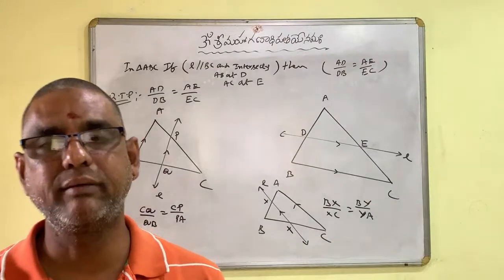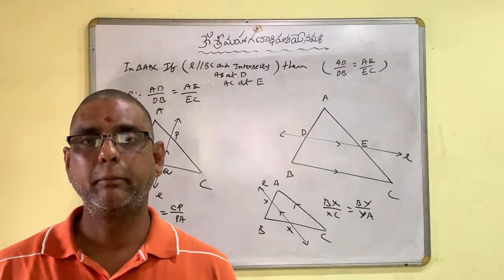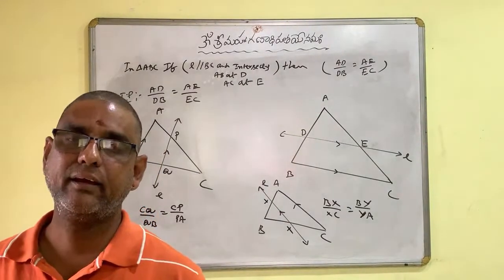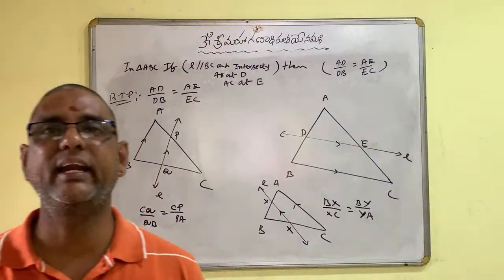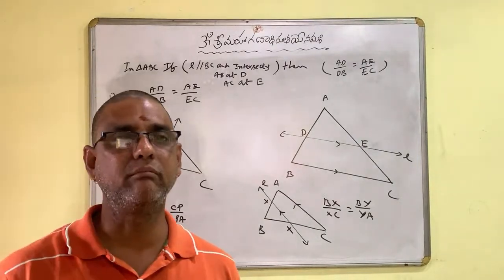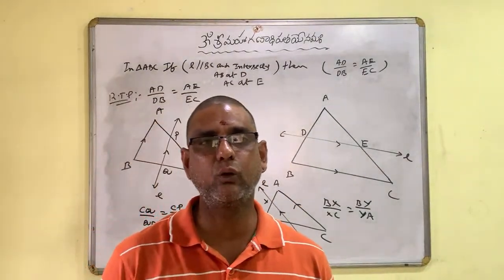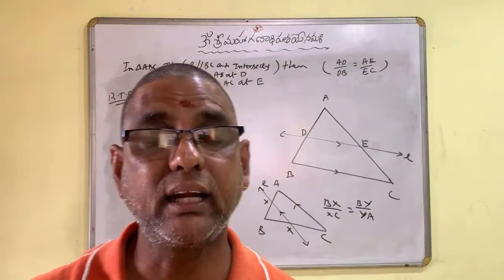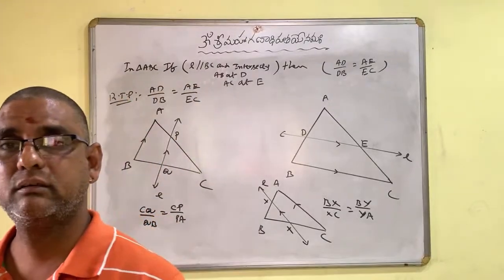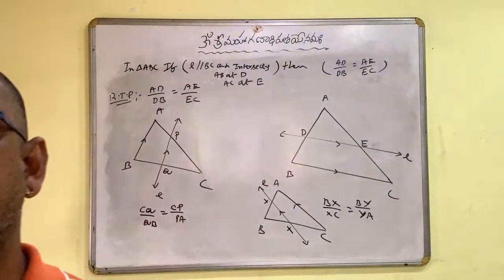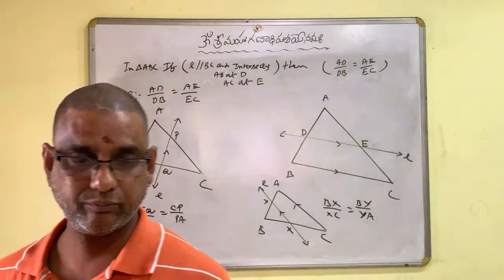But the generalized statement is: if a line is drawn parallel to one side of the triangle, intersecting the other two sides at distinct points, then it divides the other two sides in the same ratio. Okay?